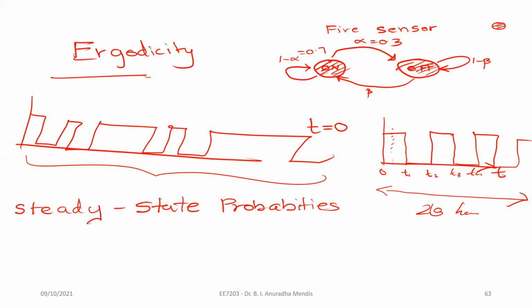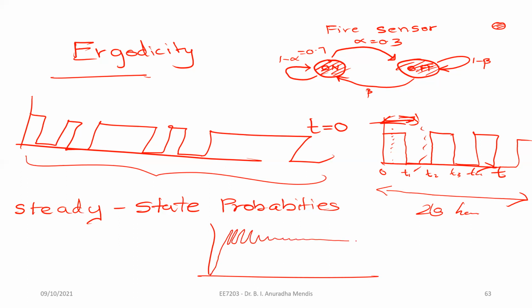Steady state, at the steady state. That means when your system is in equilibrium, okay? When your system is in equilibrium, what is the state? But if you consider the very beginning, let's say this much of time period, the system is not at equilibrium because it has just started. So in control theory, you know at the very beginning, the system is transient, okay?